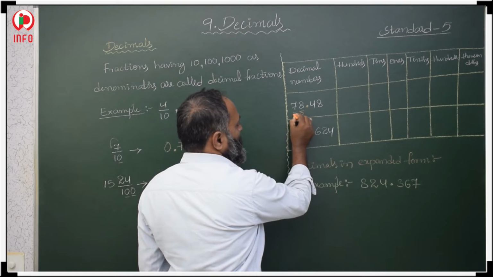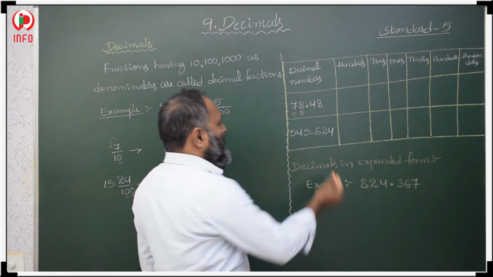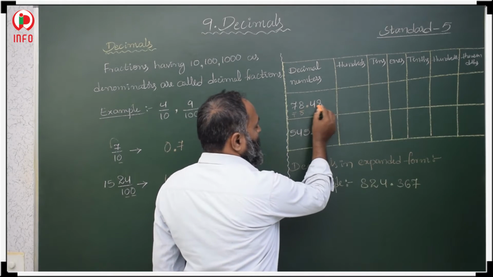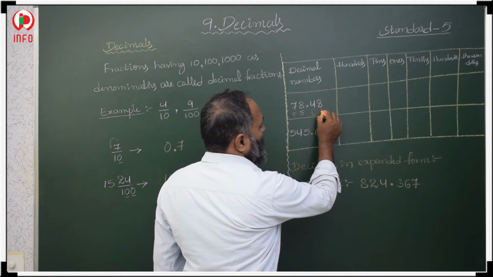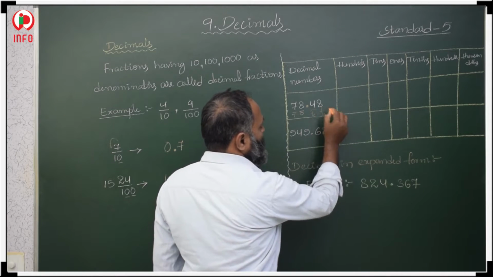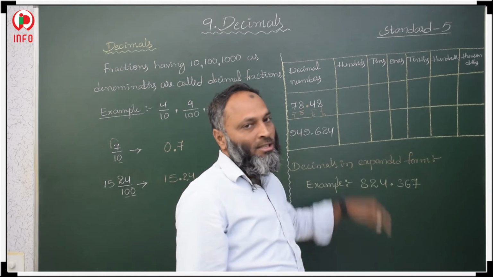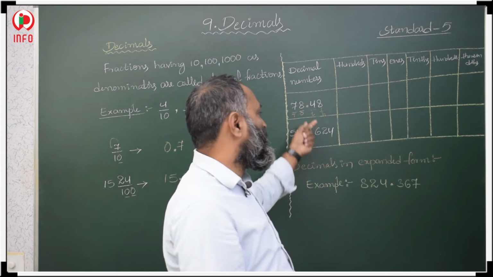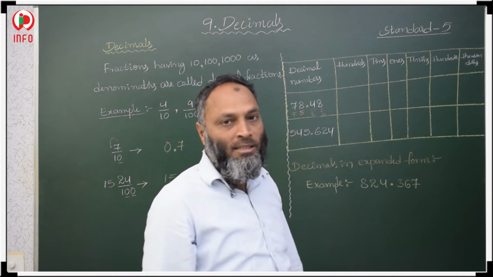On the right side of the decimal point, this is tenths, and this is hundredths. So after the decimal point, on the right side, it starts from the tenths place. This is the tenths place, this is the hundredths place.